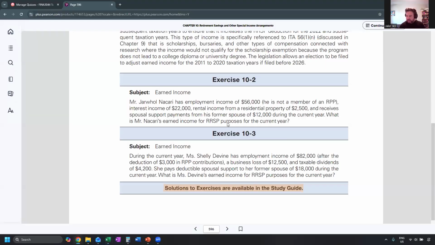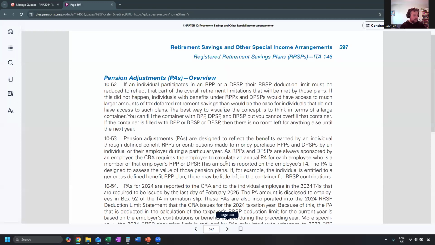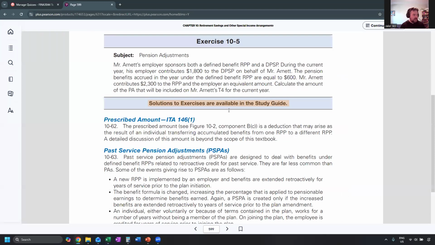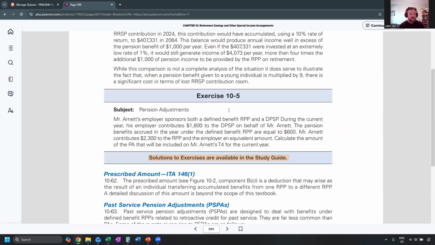I also, do I have time? Yes, I do. I also want to do 10-5, where we're going to calculate pension adjustments. So Mr. Arnett's employer sponsors both a defined benefit RPP and a deferred profit sharing plan. During the current year, the employer contributes $1,800 to the DPSP on behalf of Mr. Arnett.